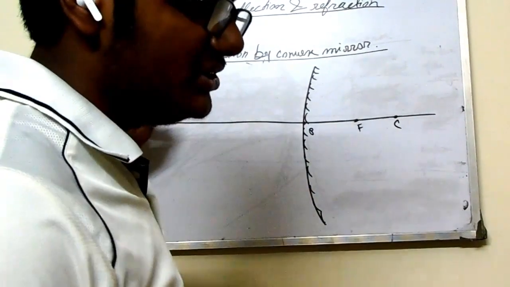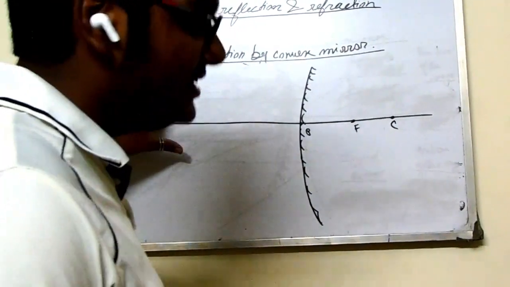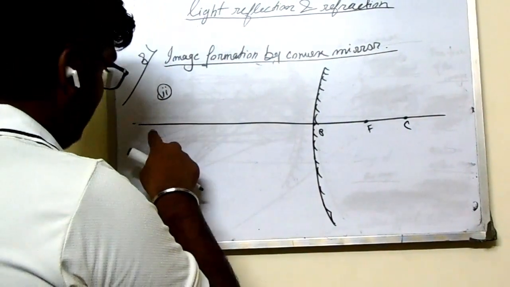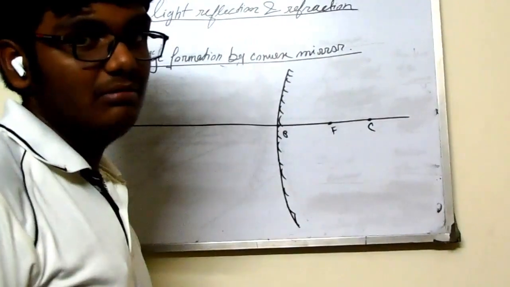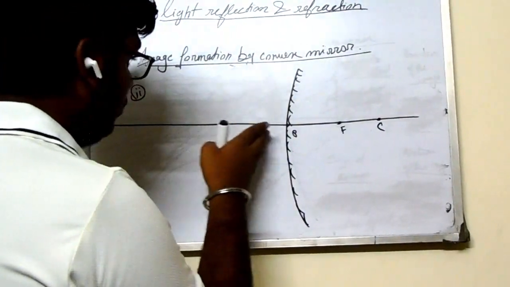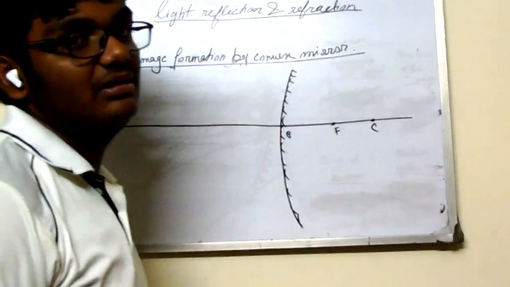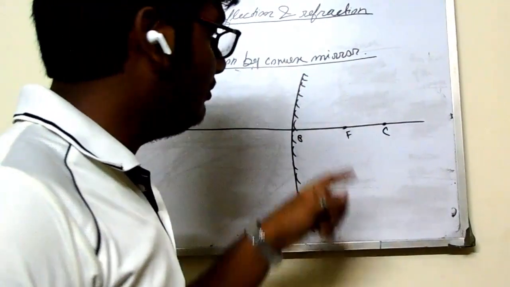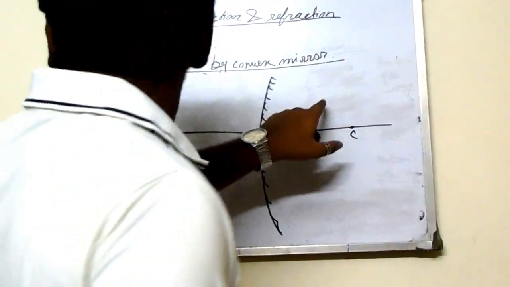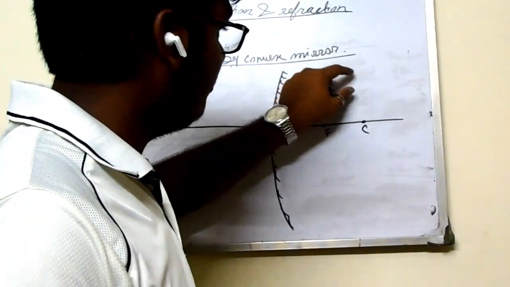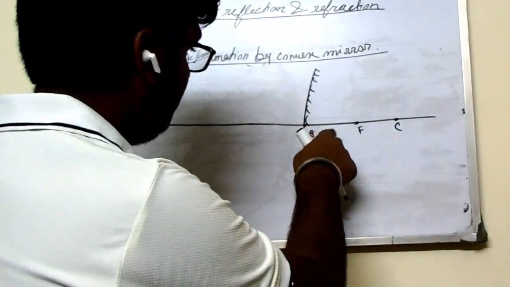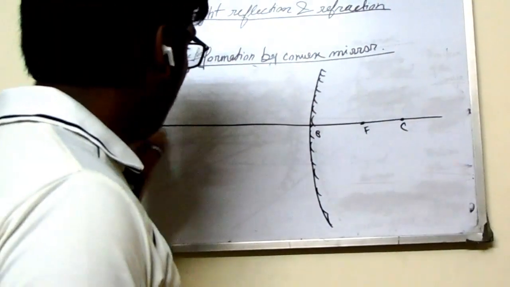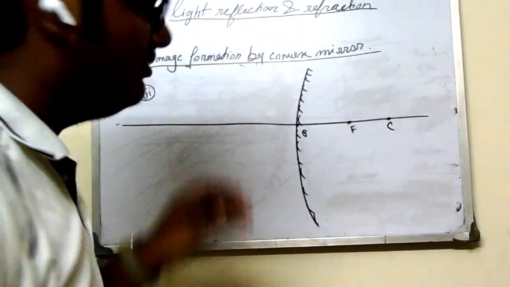Because the first condition is that the object is at infinity, and the second is that it could be anywhere, as there are no P, F and C on the left hand side, as we have seen in the case of the concave mirror, where the position of the object was between P and F or between F and C. So there could be anywhere.